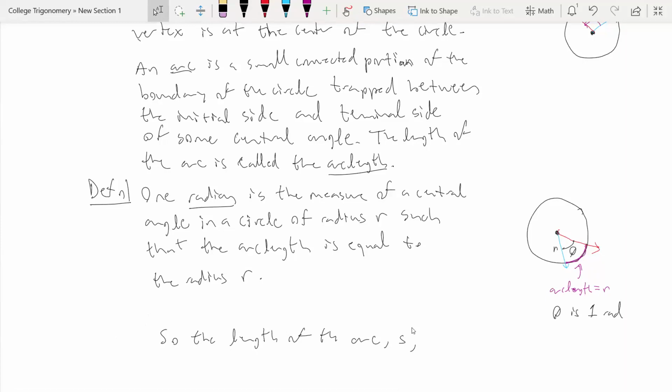I don't know why they chose S to begin with, but usually when you see S, it's the length of an arc. So the length of the arc, which we're going to call S, is given by S equals r times theta, if theta is measured in radians.